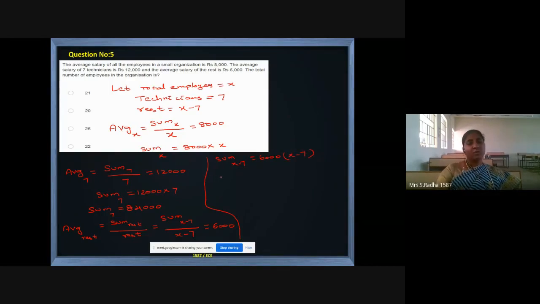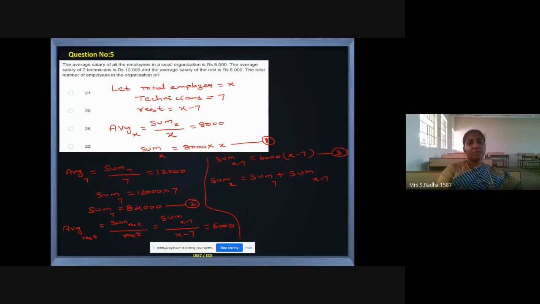So now we have equation 1, the total salary of all employees; equation 2, the sum of 7 technicians; and equation 3, the sum of the rest of the people. Sum of salaries of total employees equals sum of salaries of 7 technicians plus sum of salaries of the rest of the people.